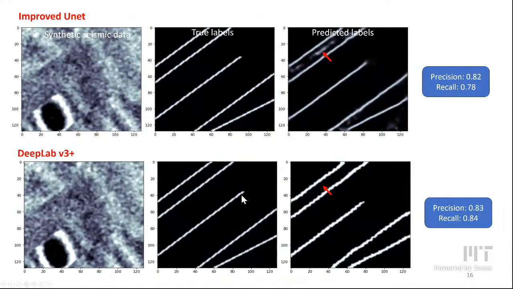With that, when we apply it to the validation dataset, we see better prediction, for example, in this area compared to the UNet, for this example, and we see better precision and recall too.